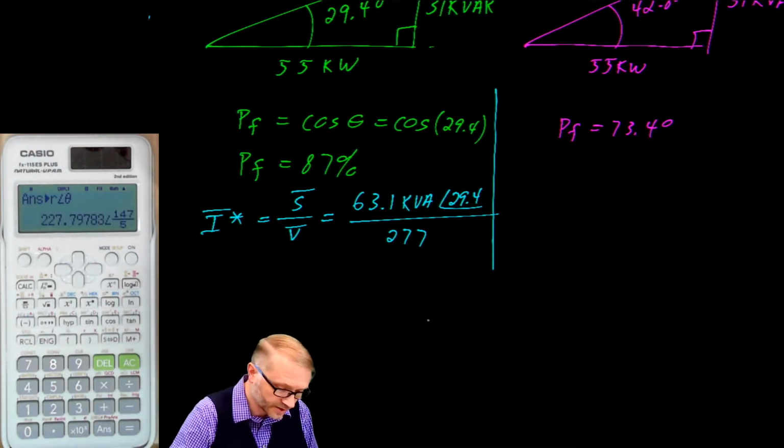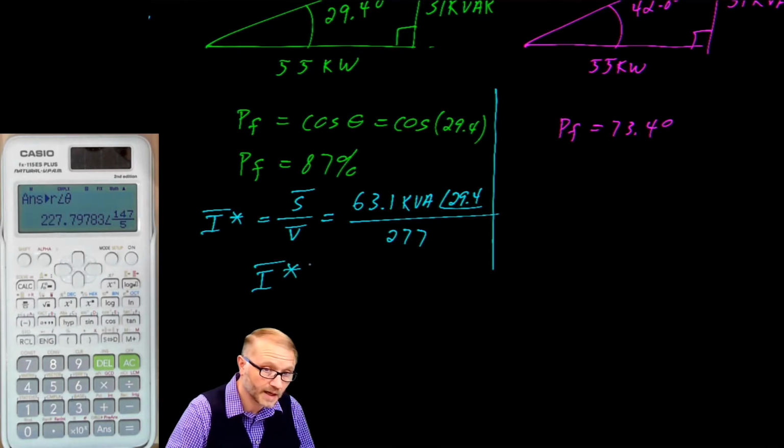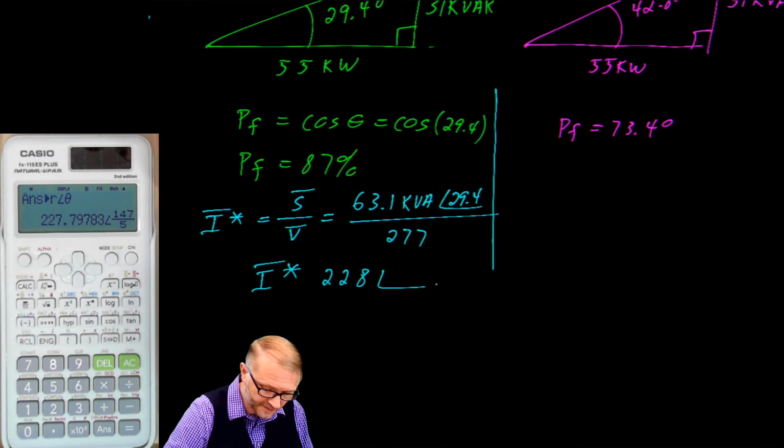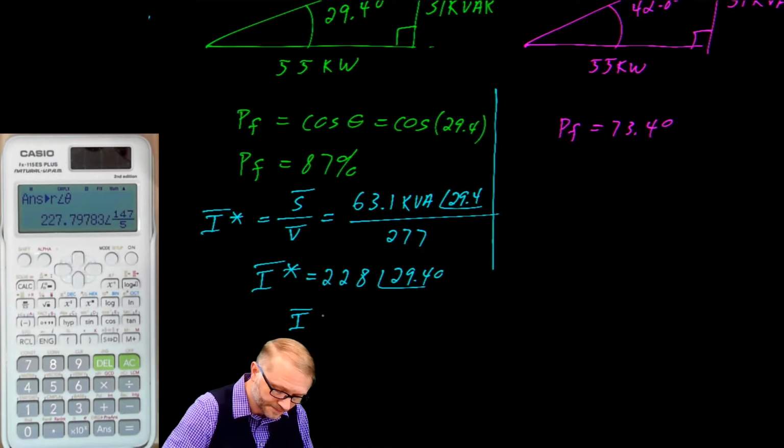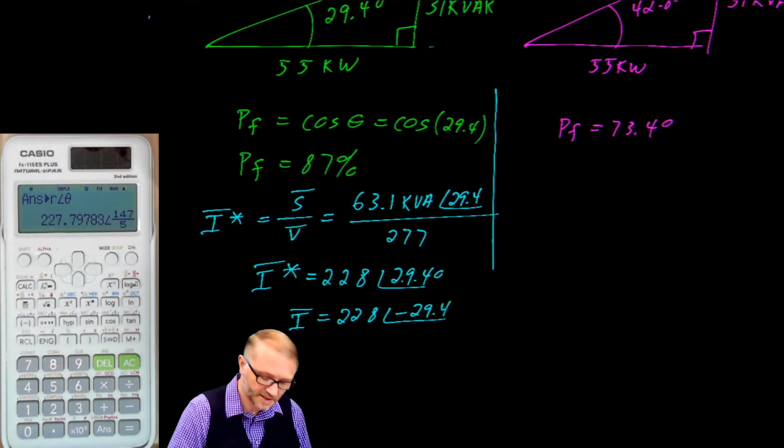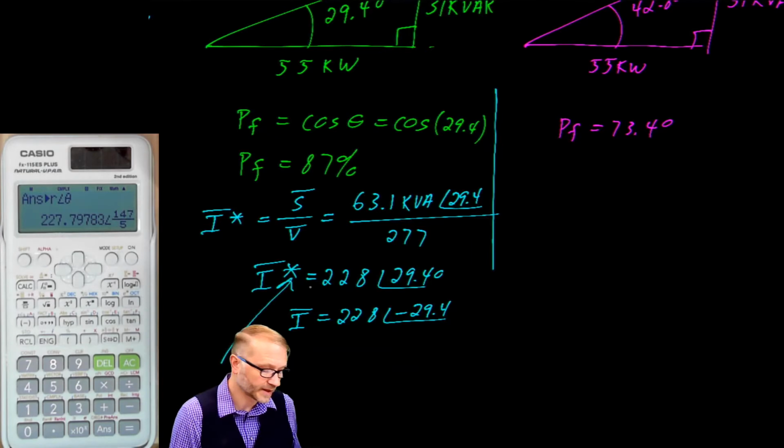Gives us a current. Actually, it's the complex conjugate of the current of 228 at a phase angle of 29.4 degrees. And now when we calculate, the current is equal to 228 at a phase angle of negative 29.4. Again, what we did in that step is we got rid of the complex conjugate.